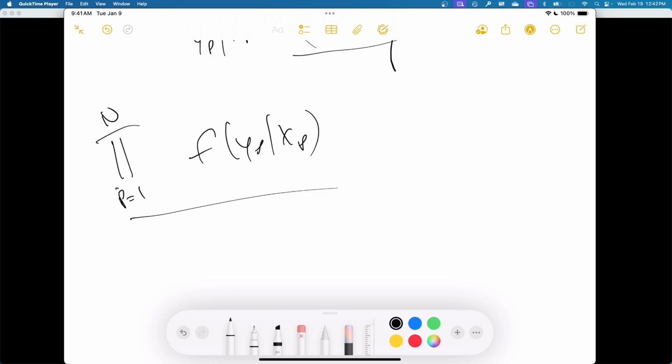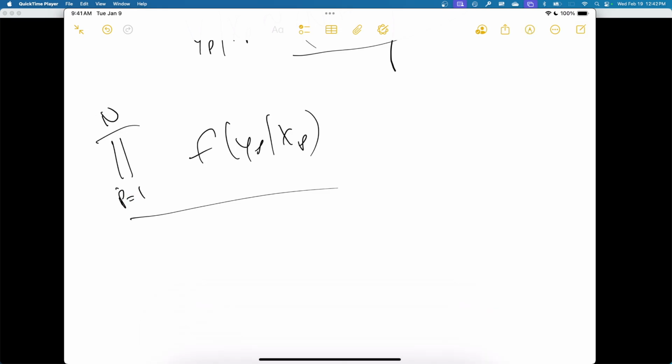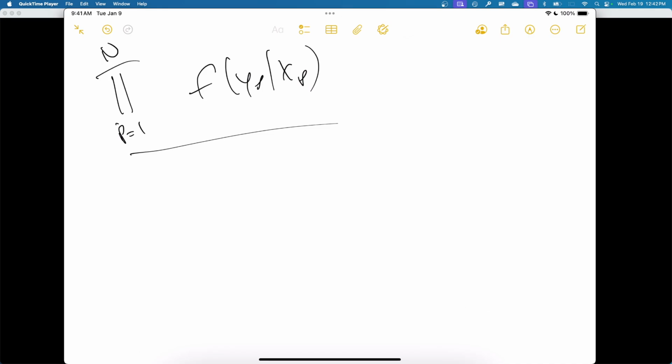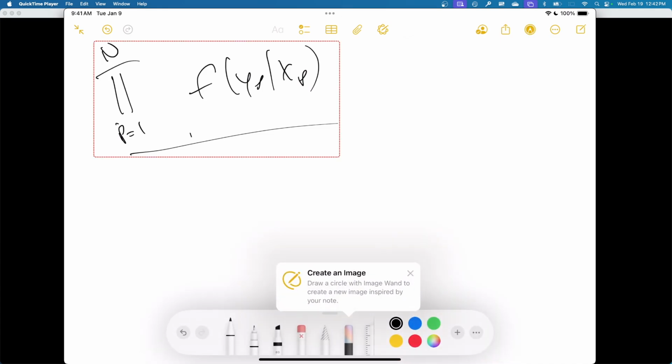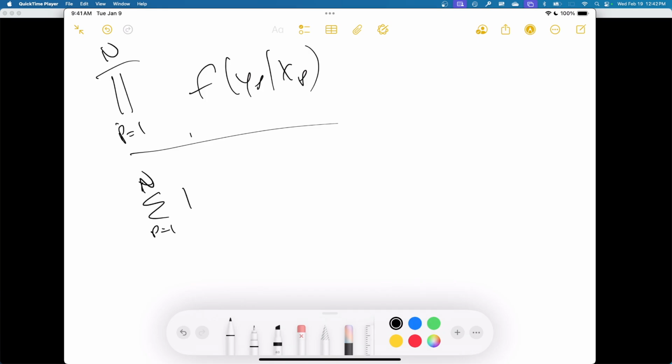That is not often what we work with. What we often work with is the log of it, which becomes the sum across people of the log of that distribution function. So that's our progression.